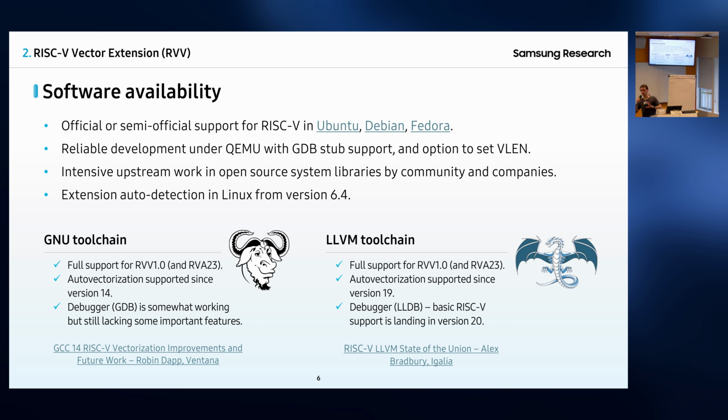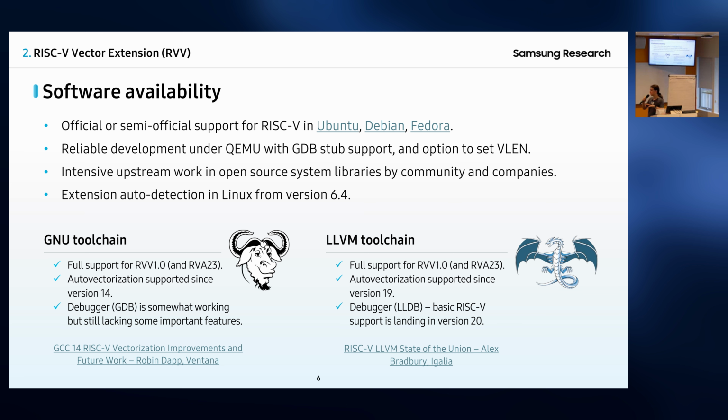Regarding debugger support, it's a little bit iffy for now, but it's getting there. There's a lot of momentum in the community and in companies, including Samsung, to get the debugging experience for vectors to top tier, Intel level. I really recommend those two talks, which are linked down below, if you're interested in the intricacies of working on compilers for a new architecture, which is RISC-V.